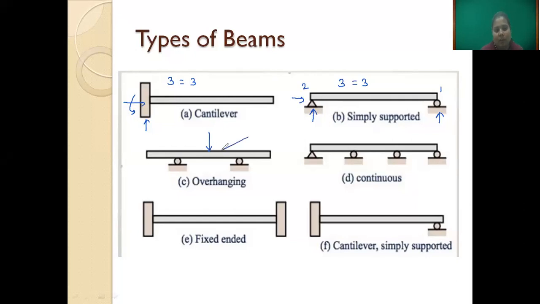If we apply an inclined load instead of this vertical load, at that time this structure is unstable because of the movement in the horizontal direction. But if we put an exactly perpendicular load, then this structure is stable. So this overhanging structure is stable as well as unstable.